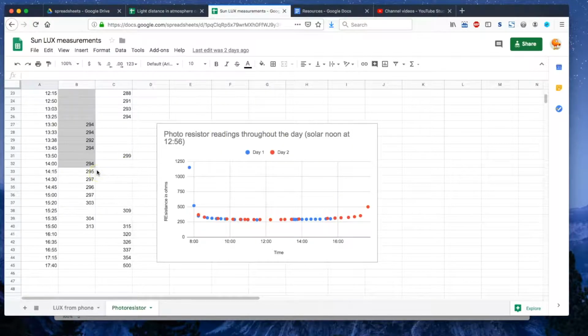So the whole point of this is to try to figure out what certain frequencies of light get absorbed or reflected, refracted, or basically just don't make it to you. And I'm trying to figure out the best ways that I can measure that on the cheap.